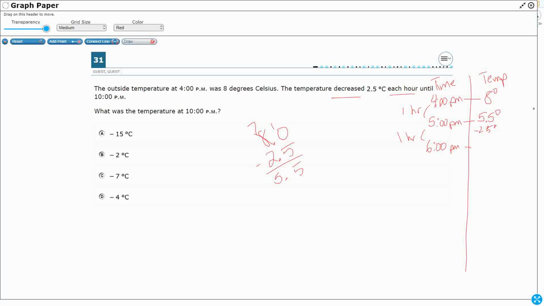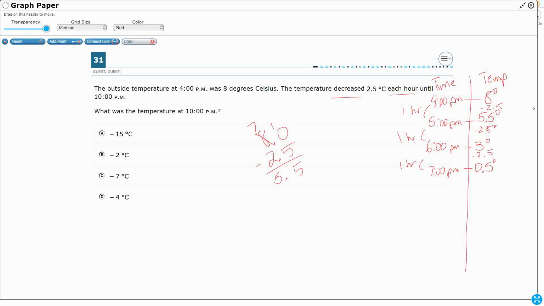I could just say that's 3 degrees. And then I've got another hour, and I'm just going to go until I get to my 10 p.m. 3 minus 2.5. I could just use my number sense there. I've got my 0.5, because in each of these I'm just going to subtract 2.5, subtract 2.5.